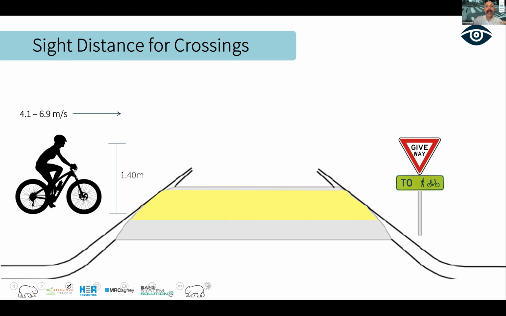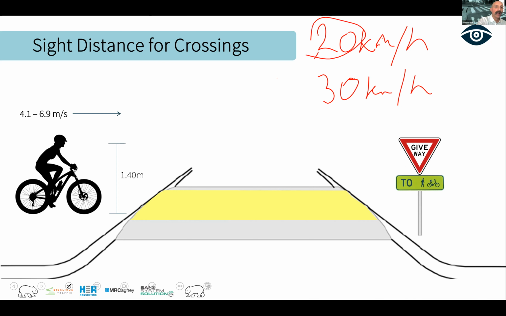They talk about 20 kilometers per hour for shared paths and 30 kilometers per hour for cycleway facilities dedicated for cyclists, because they'll be going at higher speed. Okay, so there are some interesting ones. I mean, the 20 sits nicely between those two that TMR puts out there.